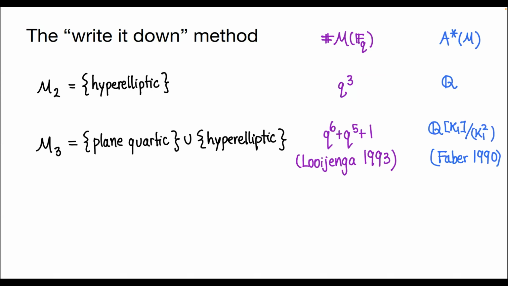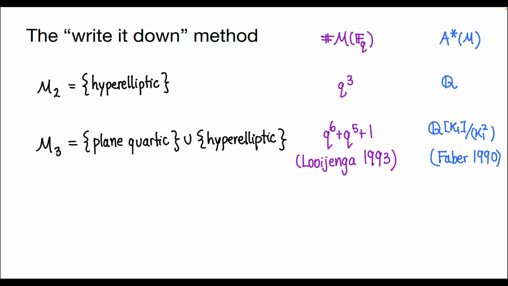So in genus 3, for example, every curve is either hyperelliptic or a smooth plane quartic. And we can deal with each of these pieces in a similar manner to how we did on the previous slide. And that's what Looijenga and Faber did to compute these invariants.